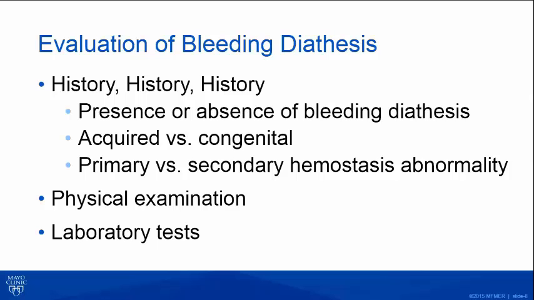And if yes, whether this is a congenital or acquired condition, and whether this leans more toward a primary versus a secondary hemostasis problem. Physical examination will also provide additional information on the bleeding pattern. Laboratory tests will then come in and help you confirm or exclude your working diagnosis.